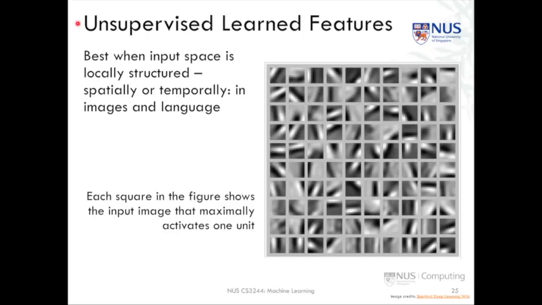So this is how neural networks in general try to learn unsupervised features, by learning a feature representation. In the case of a CNN, this is best when the input space is locally structured, in images that are spatially aligned, or languages or other time-sensitive signals which are temporally structured.